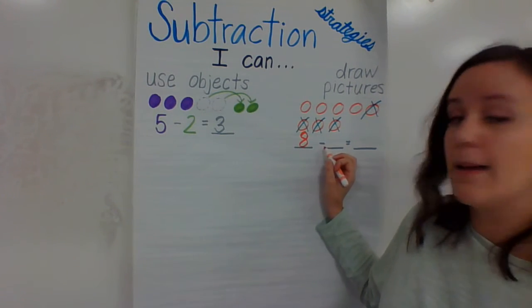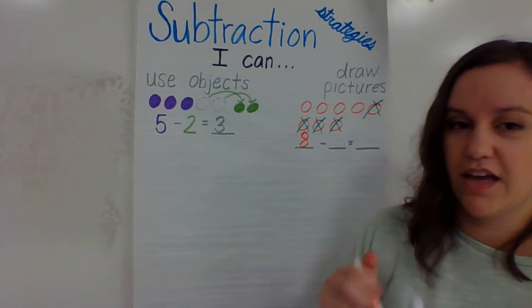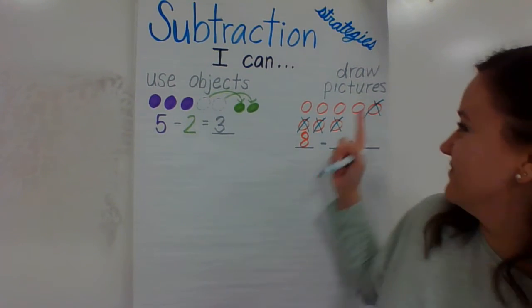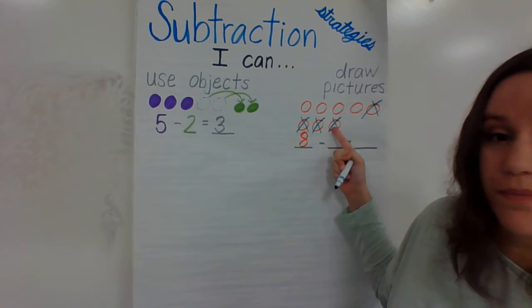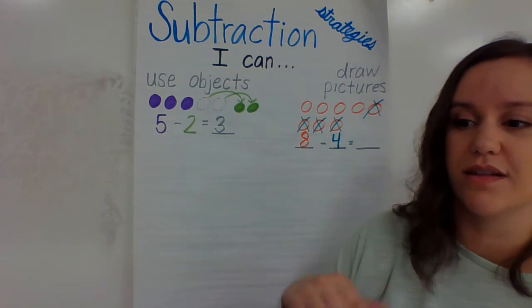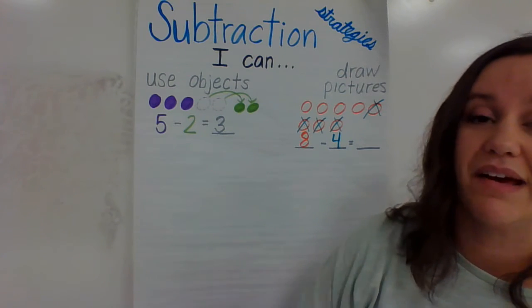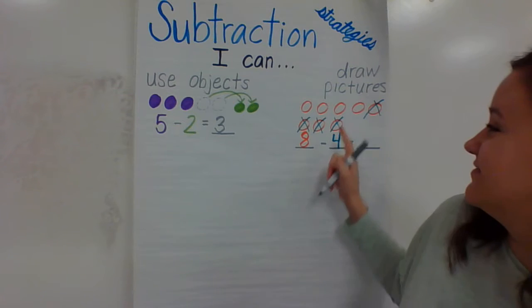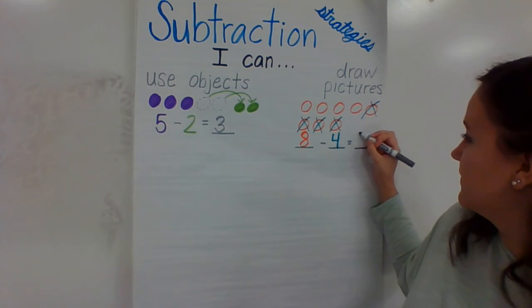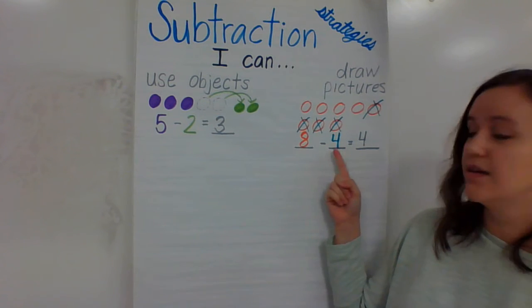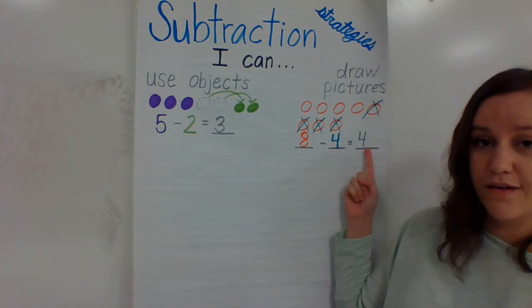So that's 8 minus, how many did I cross out? 1, 2, 3, 4. That's the number that I subtracted. That's the number that I took away. Now, how many are not crossed out? How many are left? 1, 2, 3, 4. So I would read this problem, 8 minus 4 equals 4.